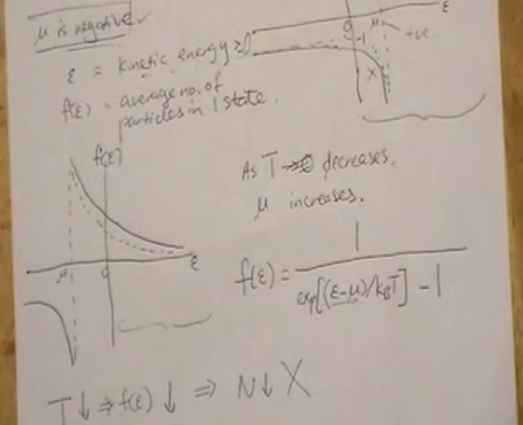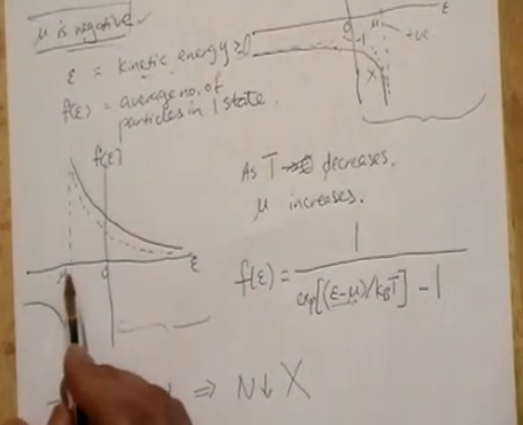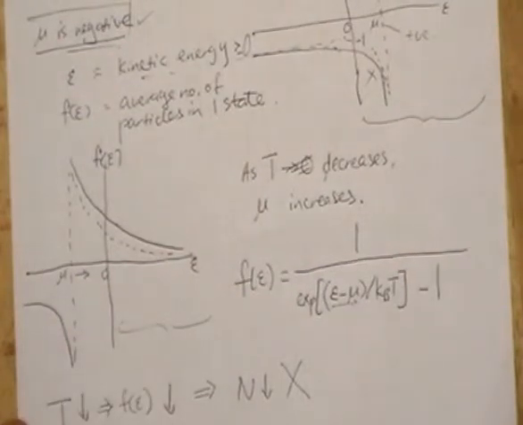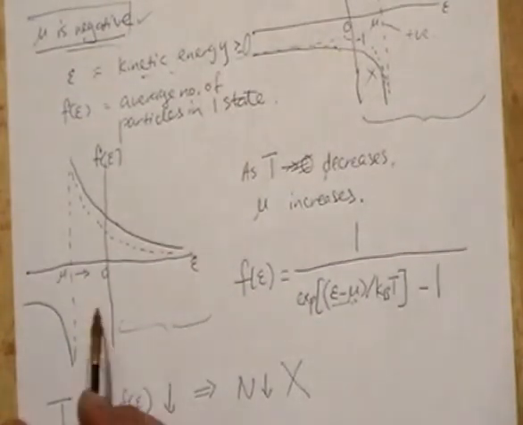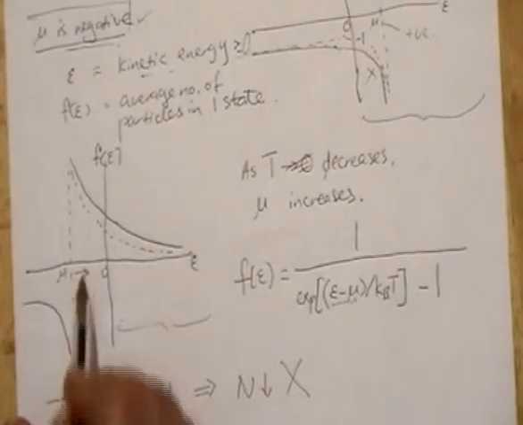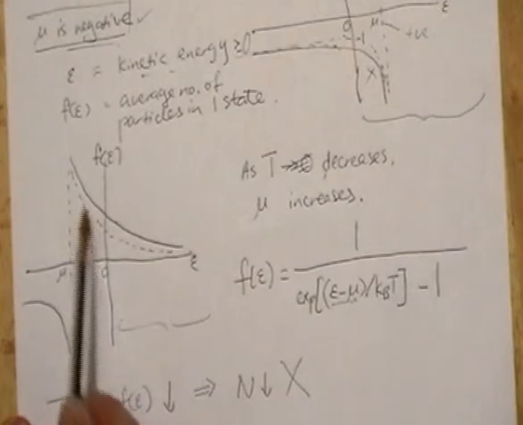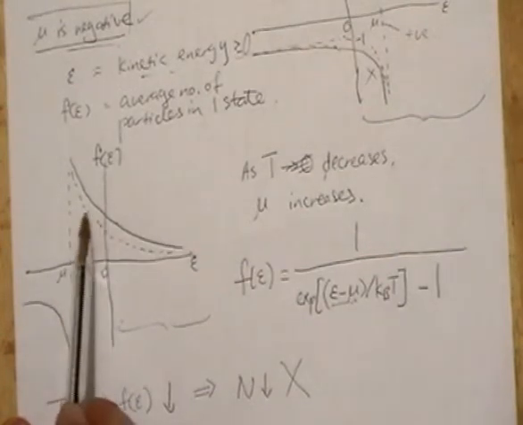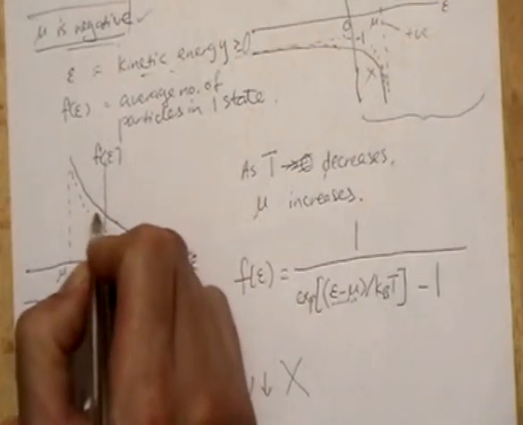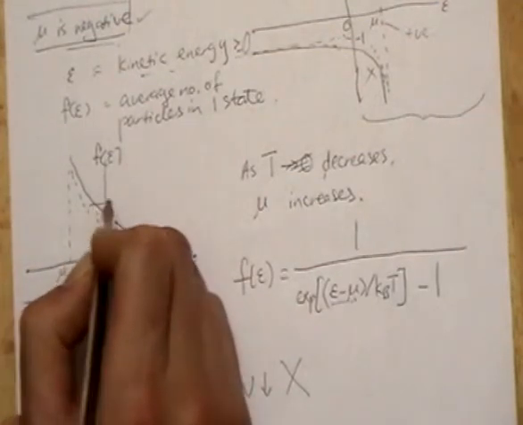Now the way out is to move mu to the right, because if we move mu to the right, this higher part of the curve, the part of the curve that goes to infinity, moves to the right.